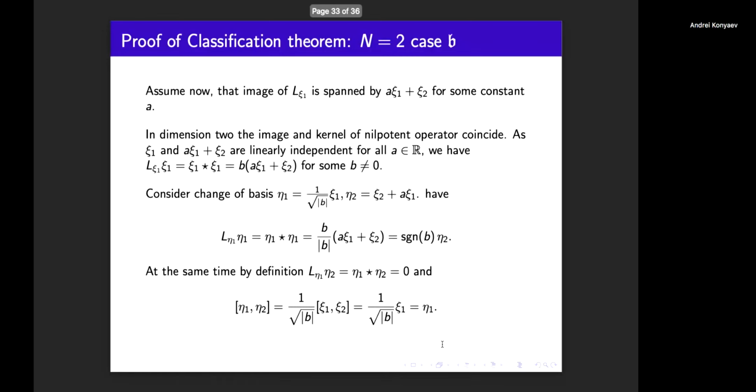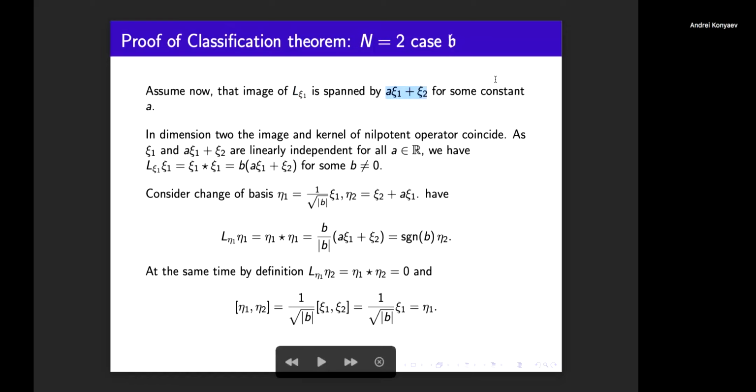Okay, and now finally we take again the image. Recall in the first case, this operator is, I'm sorry, this operator is nilpotent, and we know that the image, which is a kernel, is spanned by the following vector, where A is some non-zero constant, which we use here. We do some work.